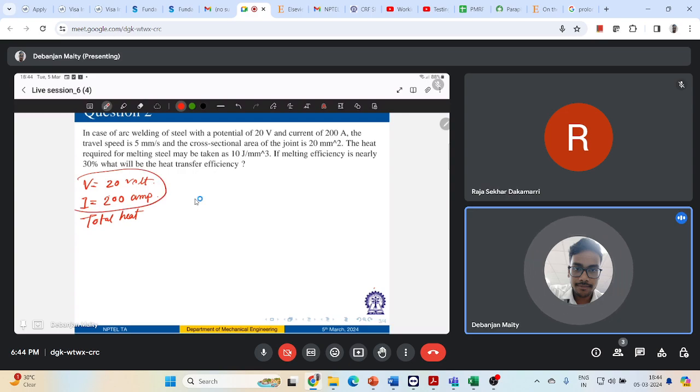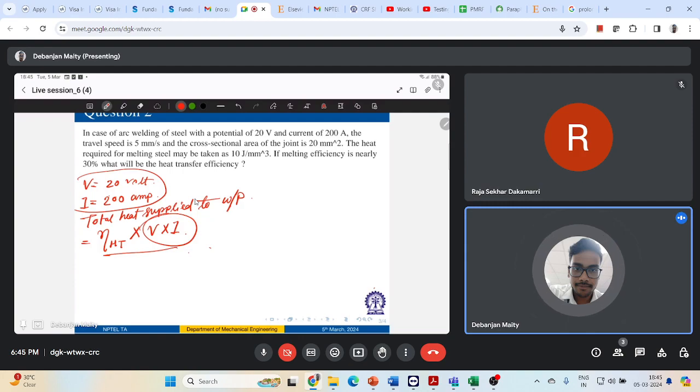If you know your voltage and current, we can simply find out my power, which is the heat supply going into my workpiece, right? And you need to multiply it by something called heat transfer efficiency. So my total heat supplied to the workpiece will be heat transfer efficiency into voltage into current. This is my power and I will multiply with my heat transfer efficiency.